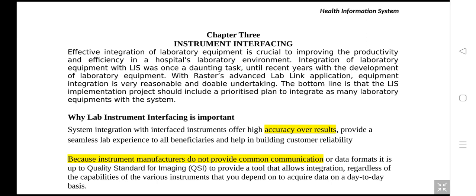Now, when you talk about an interface, besides in the lab, a very common example is a modem. If you have a laptop and you are not on the internet, you can buy a modem from Safaricom, or from Airtel, or from Telecom.